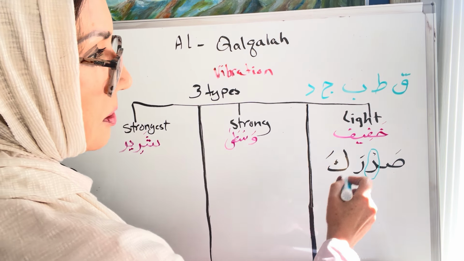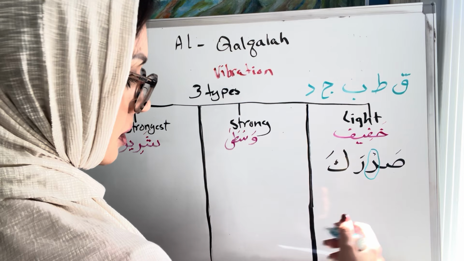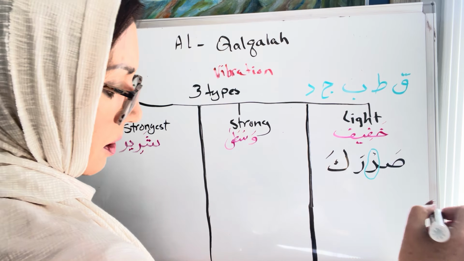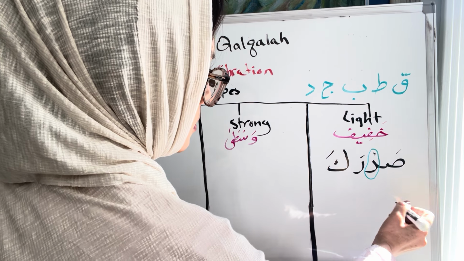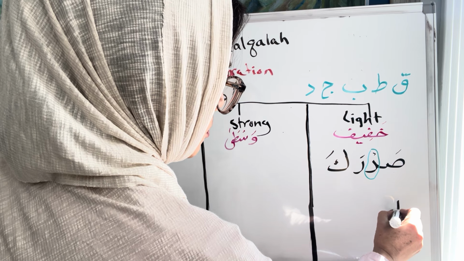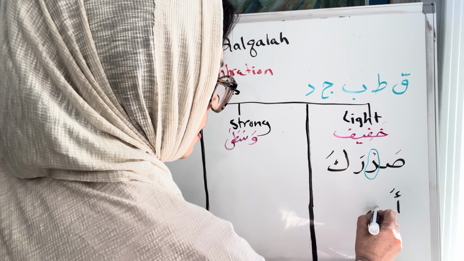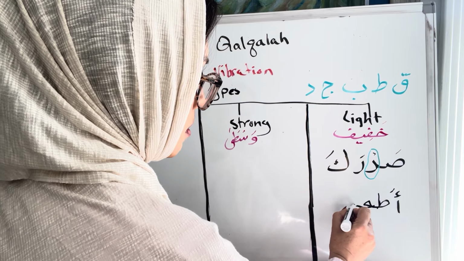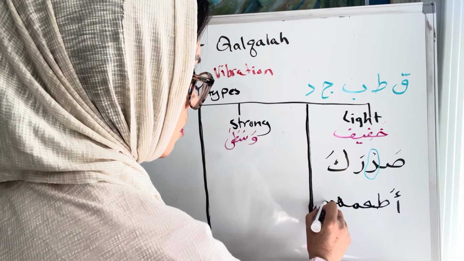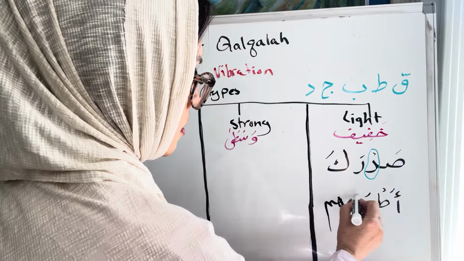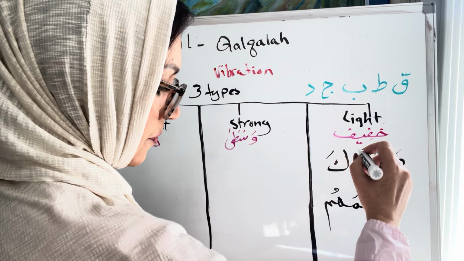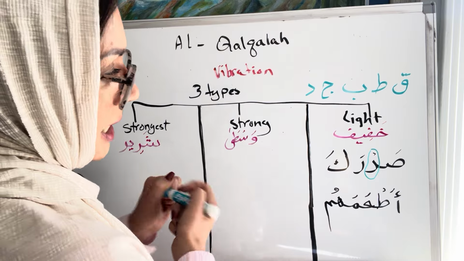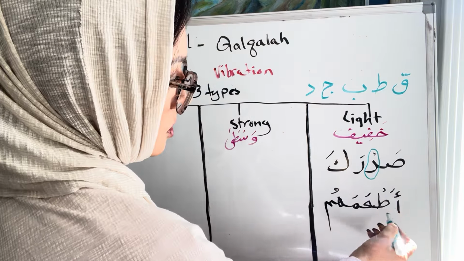Now we have the next one. We're going to continue on the light side. Let's do this one: أطعمهم. Hopefully I can fit all of them in here. Again, here's the ta.